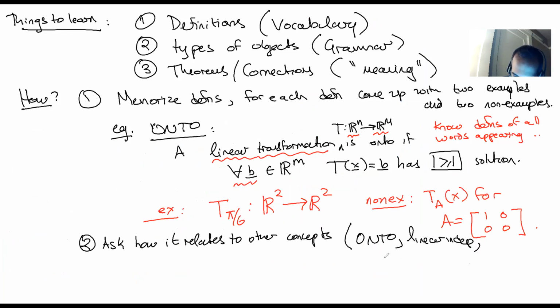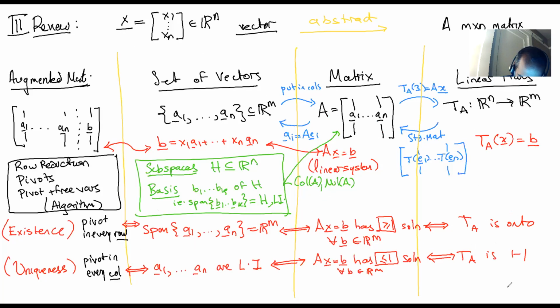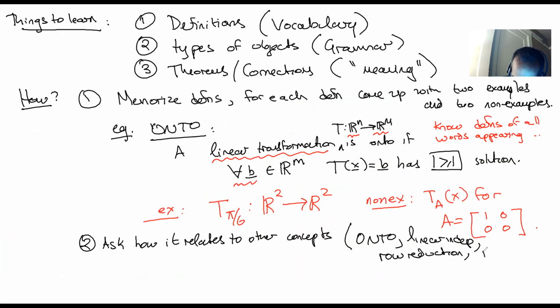How does being onto relate to the process of row reduction? If I have an onto linear transformation, what does it say about M and N, the dimensions of the domain and codomain, et cetera?